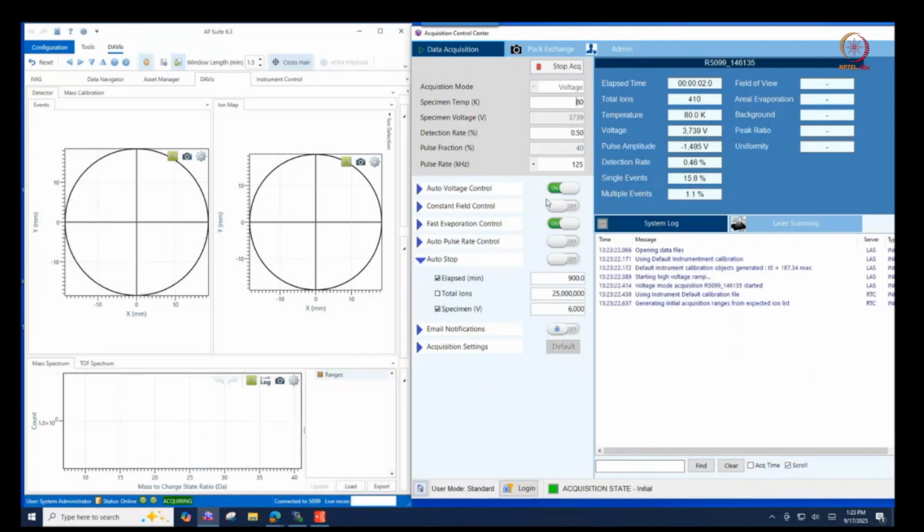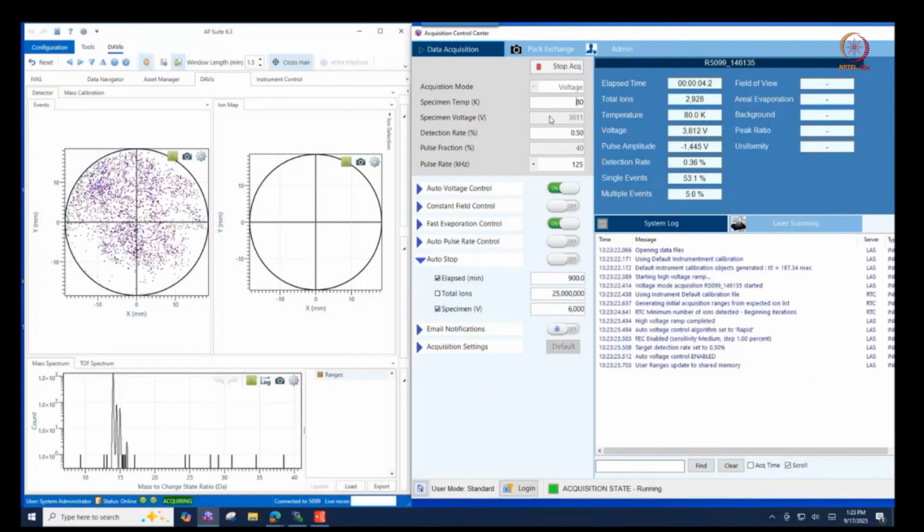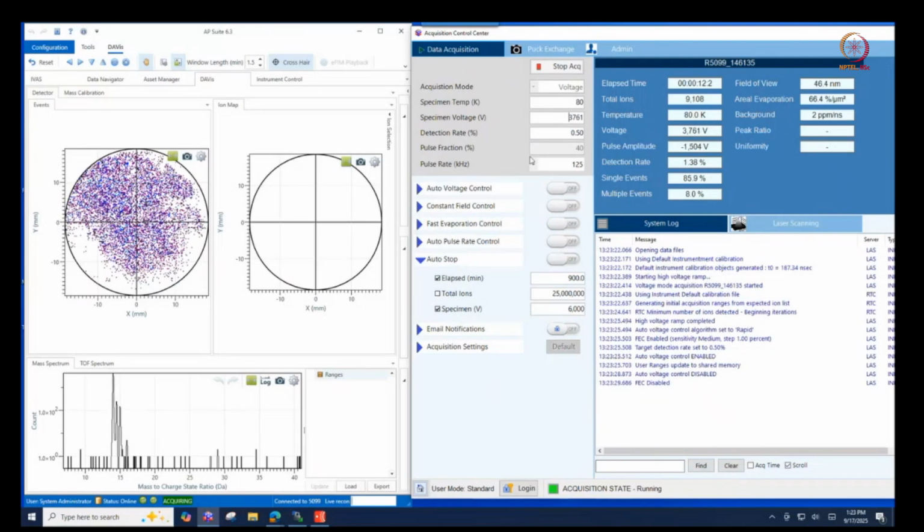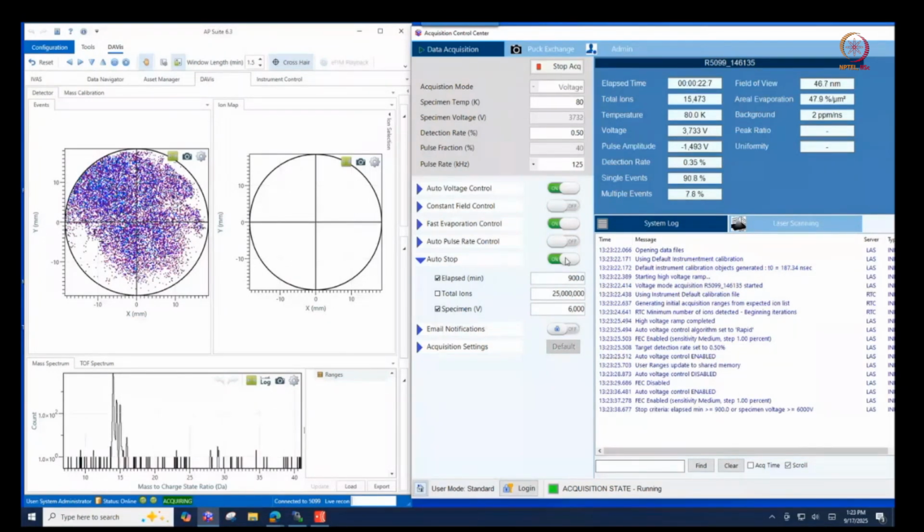I'm keeping all the other parameters constant. I have just increased the pulse fraction from 20% to 40%. And again, you can see the atoms popping up on the detector. You can see these detector events increasing, as well as the peak popping up in the mass spectrum.